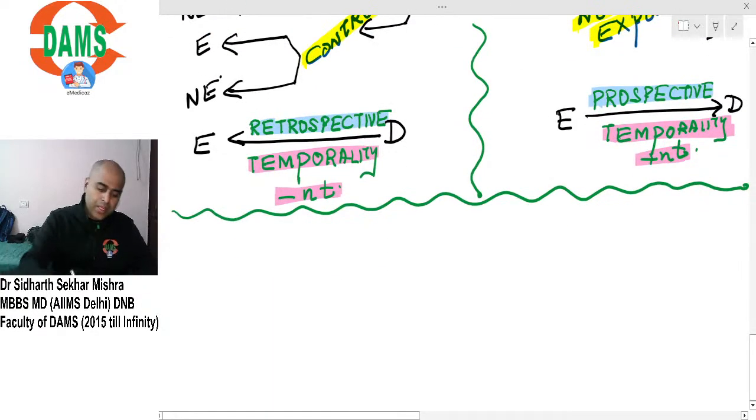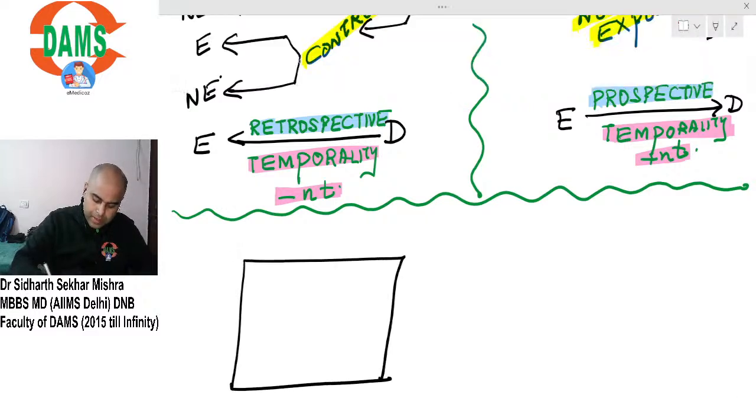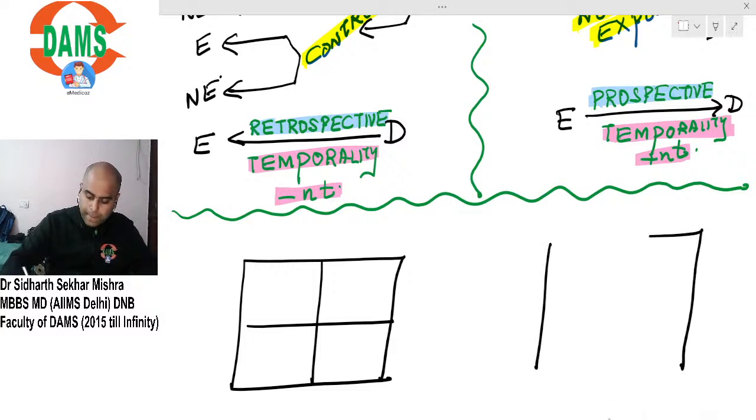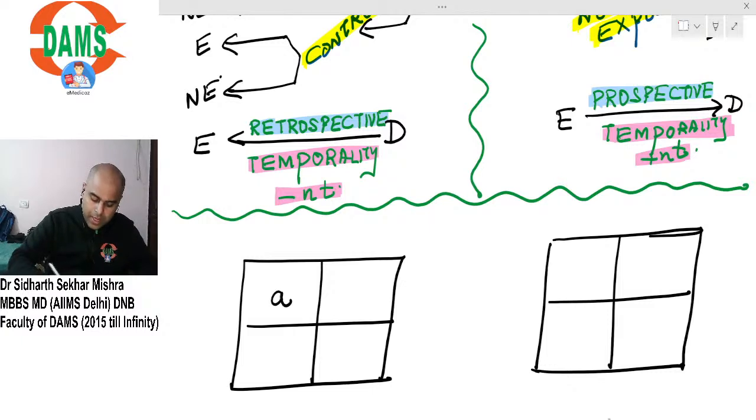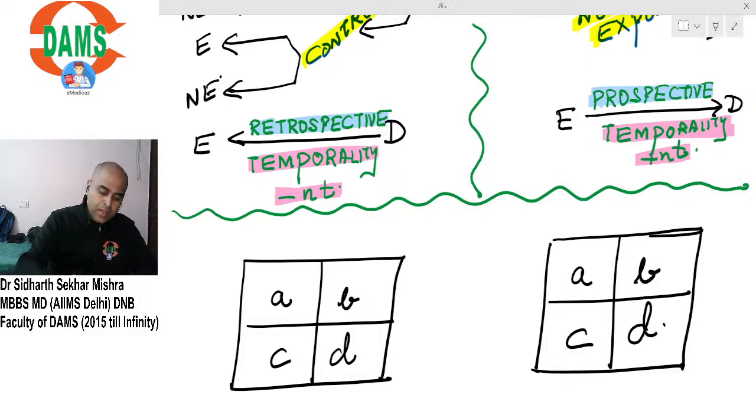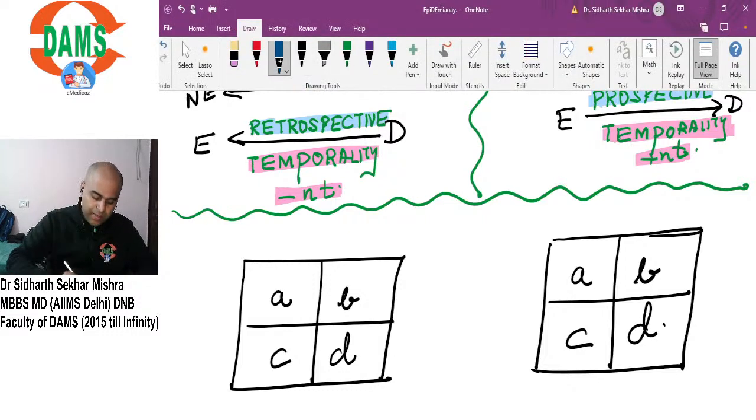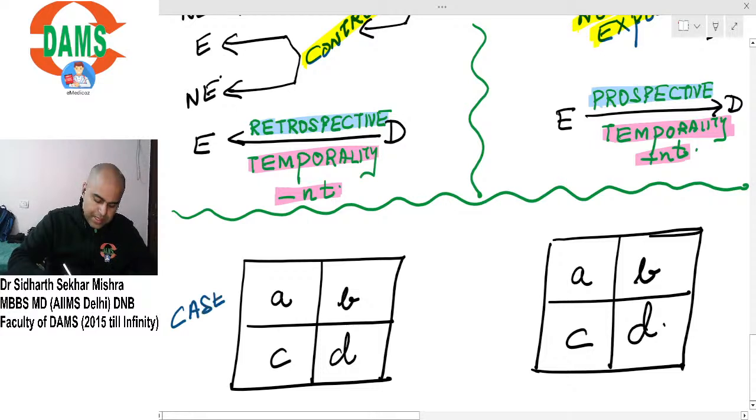Okay guys. Now let us make the 2 by 2 table. A, B, C, D, A, B, C, D. Now in a case control, what did we compare? Cases and control. Yes, Anil.